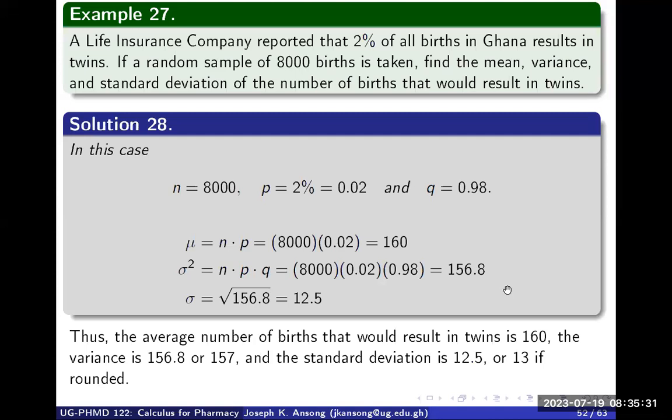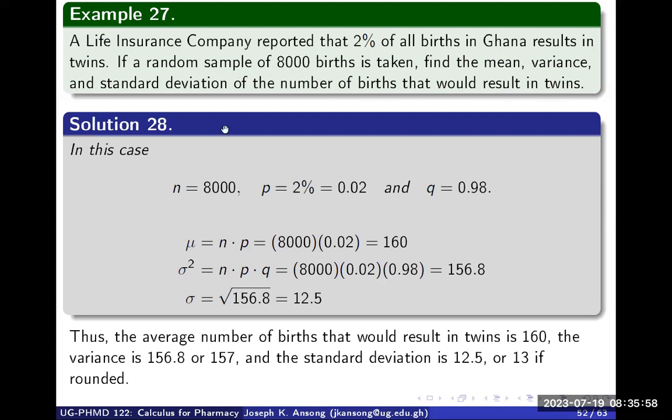Okay, so one last example. A life insurance company reported that 2% of all deaths in Ghana result in twins. If a random sample of 8,000 deaths is taken, find the mean, the variance, and the standard deviation of the number of deaths that will result in twins.